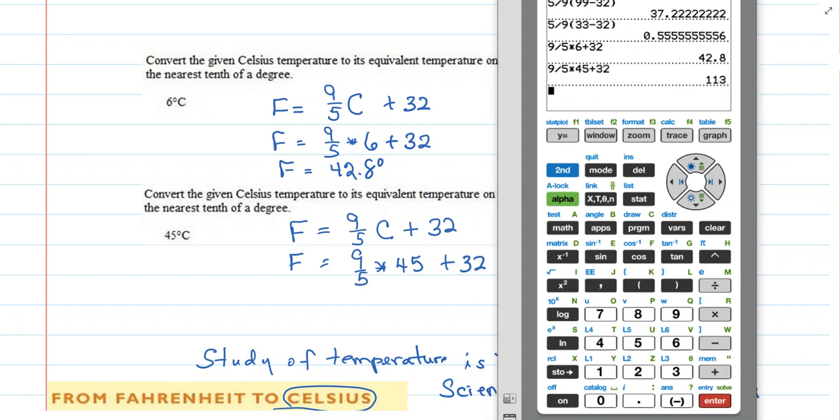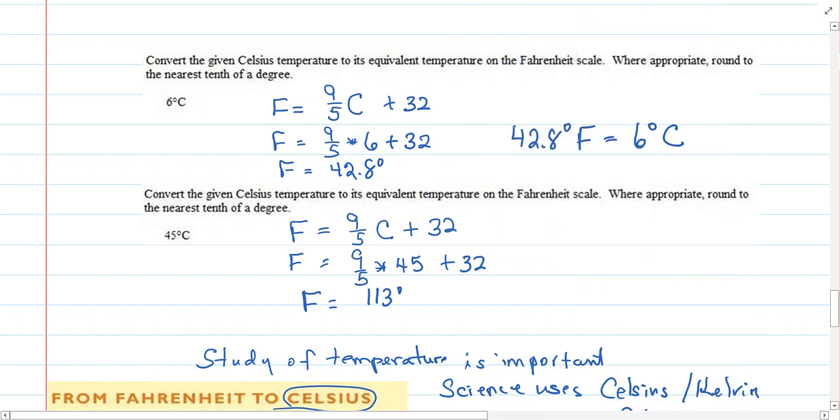And we enter, and it is very, very hot. So our Fahrenheit degrees is 113 degrees. And what that means is that 45 degrees Celsius is the same as 113 degrees Fahrenheit in Texas.